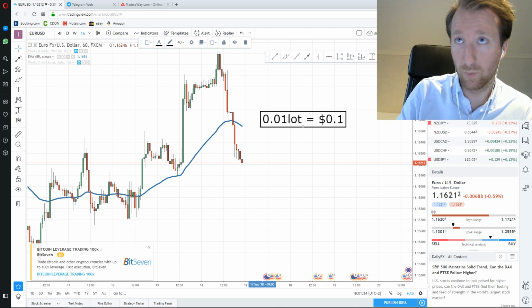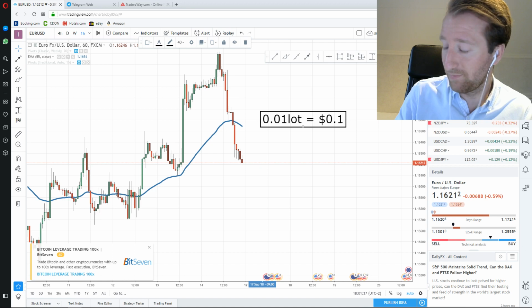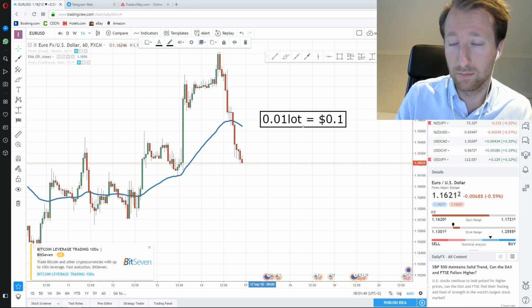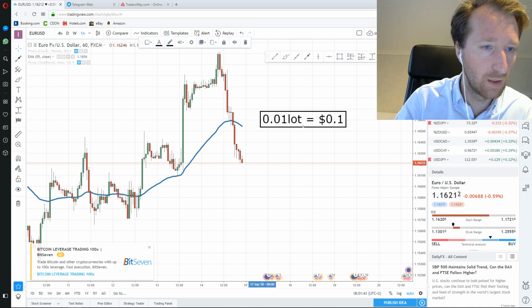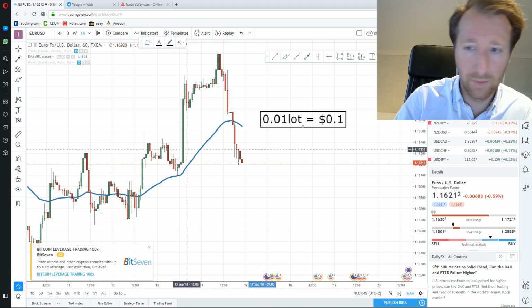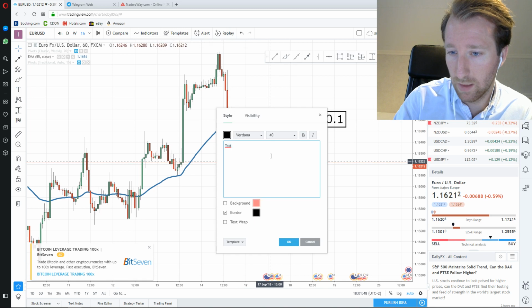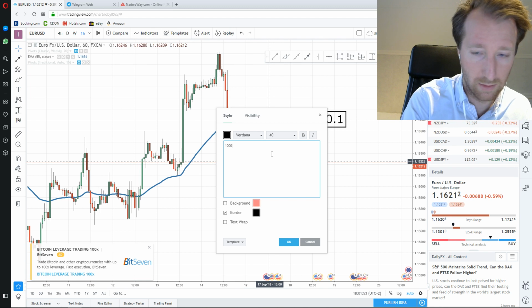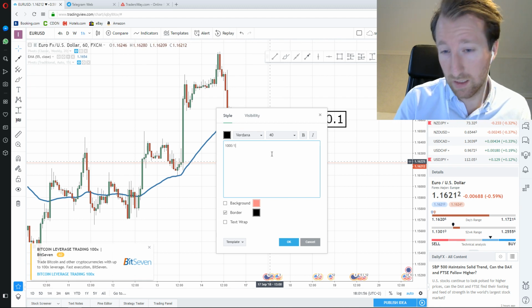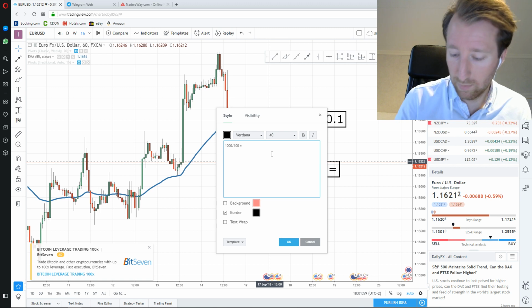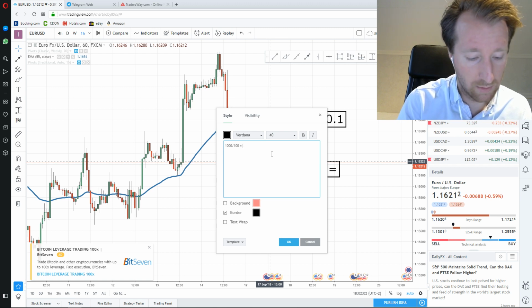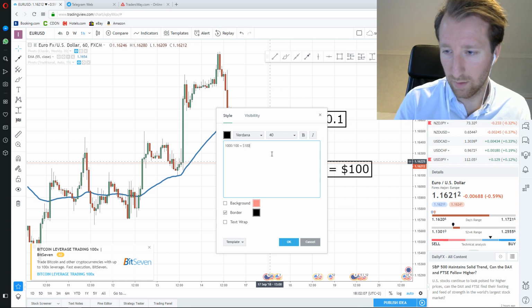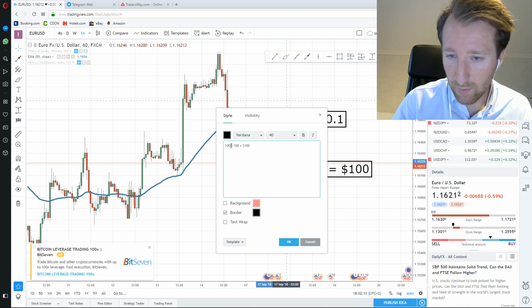So I have 100 to 1, which basically means that if I place a 0.01 lot trade, here it is, that's 1,000 units. Oh no, not 1,000 pips. Okay, if I have 1,000 units, that's my lot size.